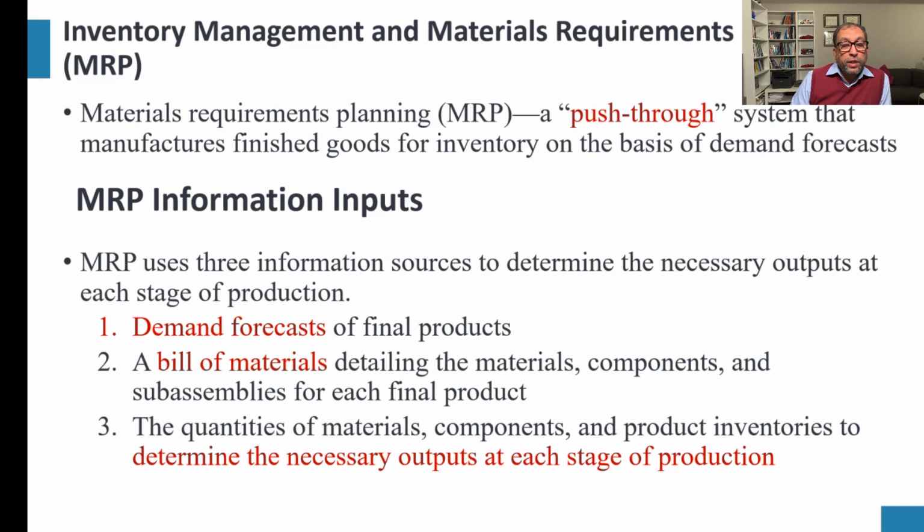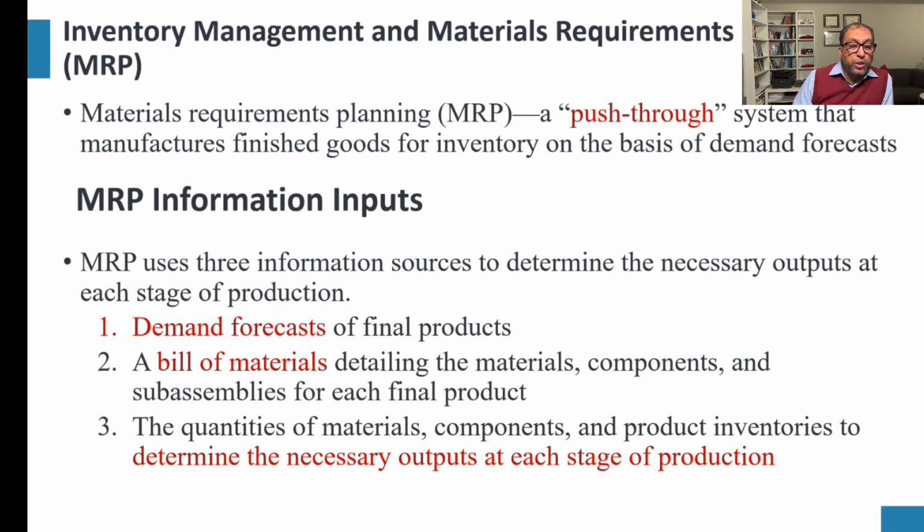Inventory management and material requirements planning, MRP. MRP is a push-through system that manufactures finished goods for inventory on the basis of demand forecasts. This is what we call a push-through: we forecast the demand and then we produce.